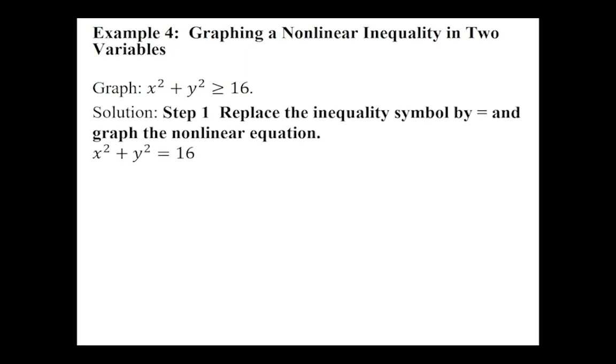We graph a nonlinear inequality similarly. We replace the inequality with an equal sign, and then we graph the nonlinear equation. Here we have x squared plus y squared equals 16. This is a circle. Going back to the beginning again. So we've needed unit 1, now we need unit 2, so to speak.